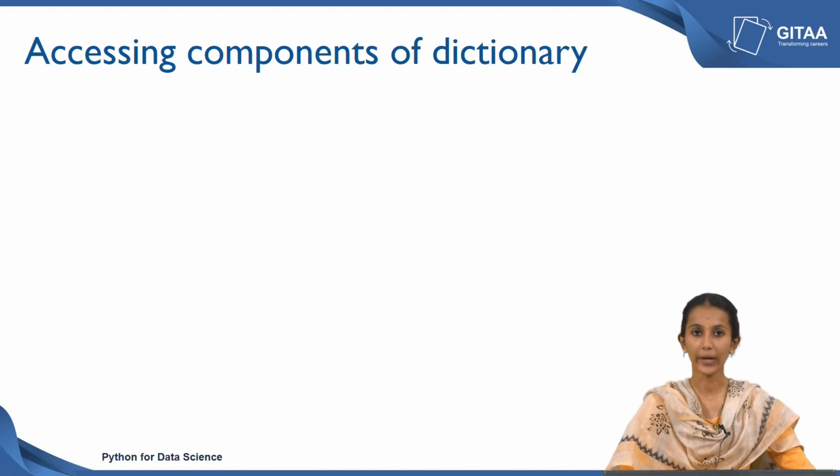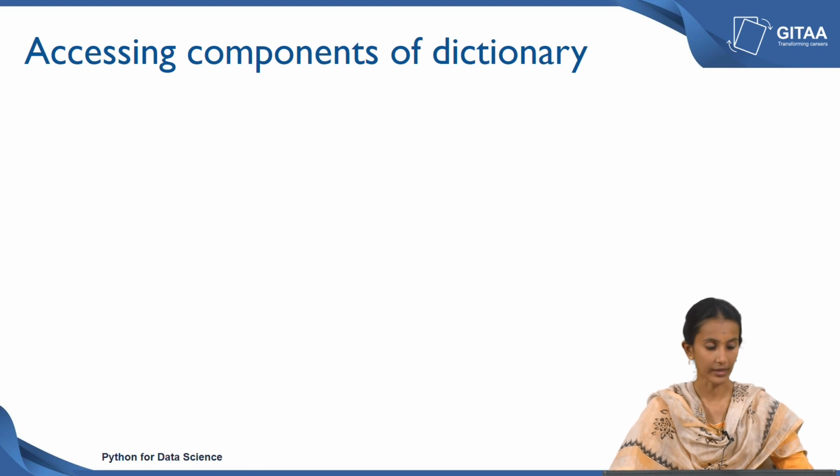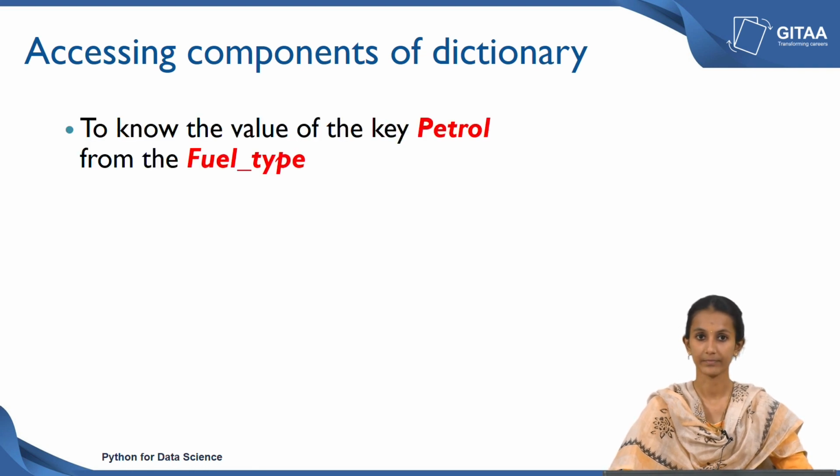Let us see how to access the components of the dictionary. We can access the components of the dictionary by using its keys. In a list, we saw that we access the components based on the index number, but in a dictionary we use the keys to access the components. Let us say I wanted to know the value of the key petrol from the dictionary fuel_type.